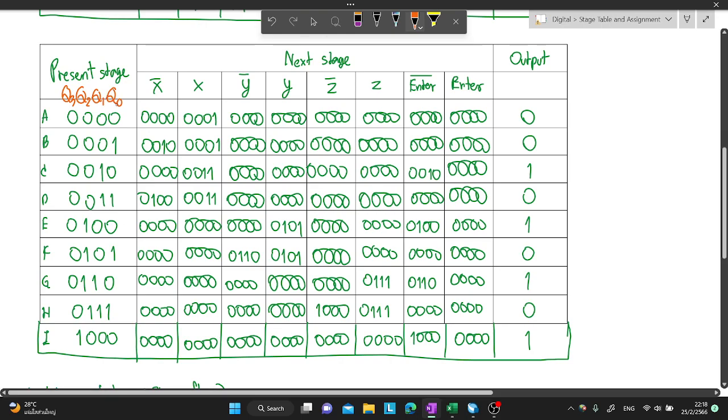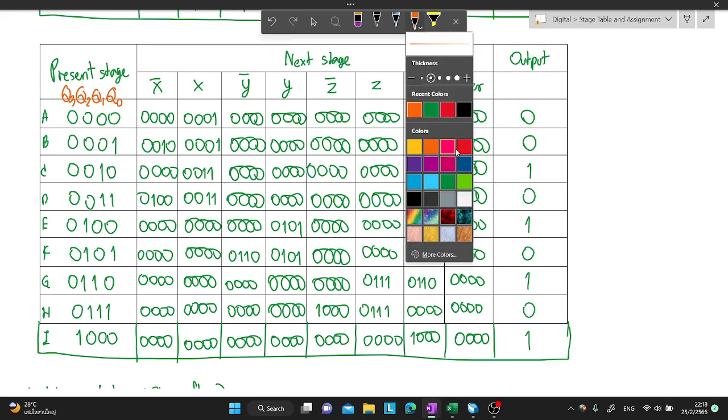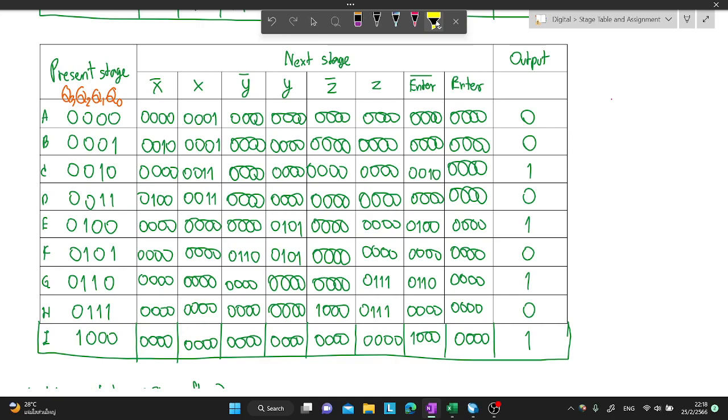So the next one is making the left block. The first one is designing Q0. You have to find the equation, where Q0 is 1, right here.